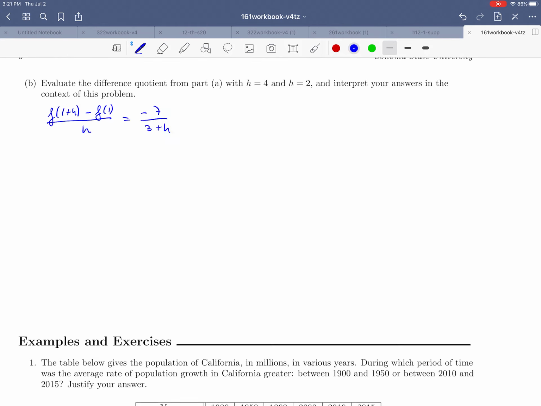We get f of 1 plus 4 minus f of 1 divided by 4. And that is minus 7 divided by 3 plus 4. That's another 7. So this is minus 1. And we can do the same thing for h equals 2.